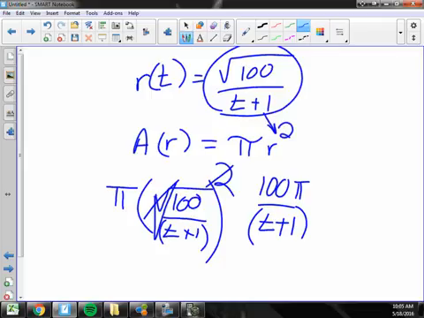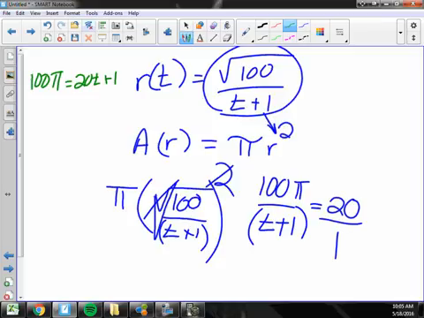So you plug in 1 day or 2 days or 3 days. Number 8 says when the mole reaches 20 square millimeters. Oh, this is different than yesterday. It was 50 yesterday. So we want to know, when does this equal 20? So I cross multiply: 100 pi equals 20 times t plus 1.